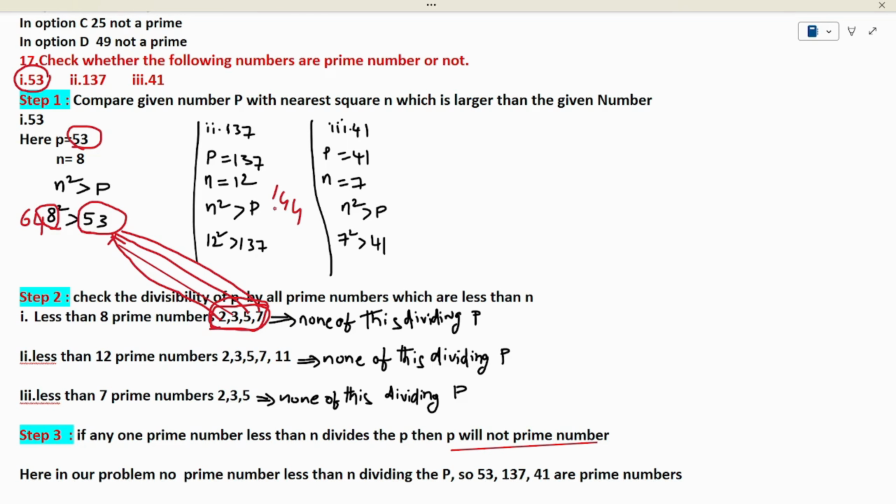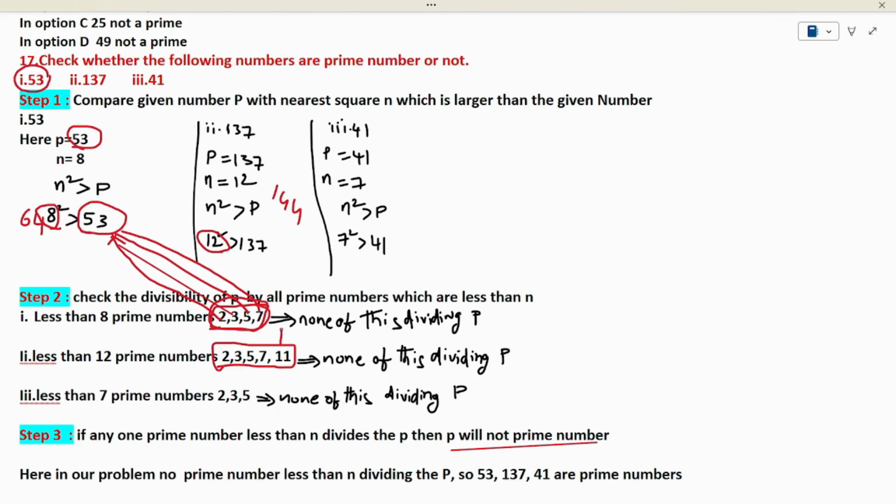So n square is more than P. The second step is we need to identify the prime numbers less than 12: 2, 3, 5, 7, 11. We need to check the divisibility of each prime number with respect to 137.